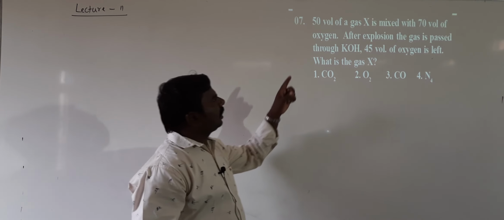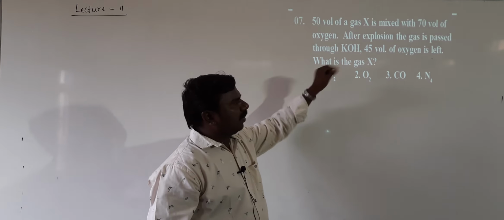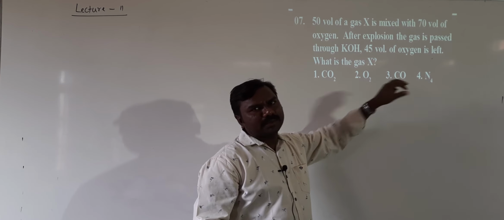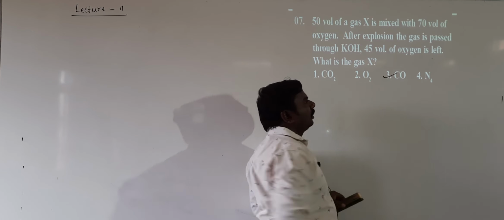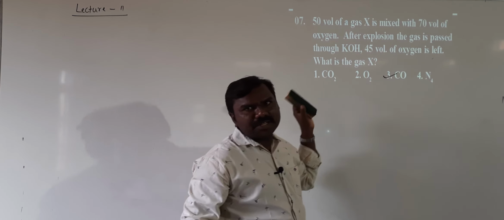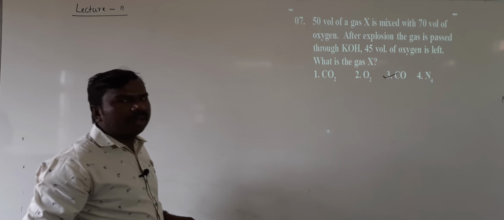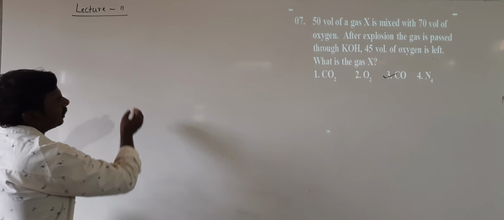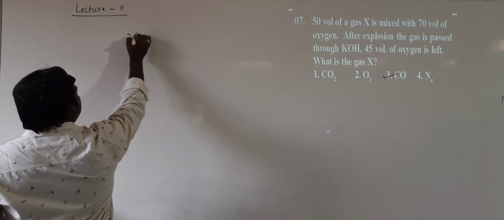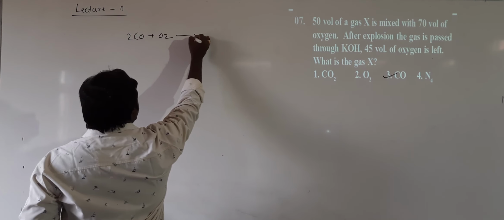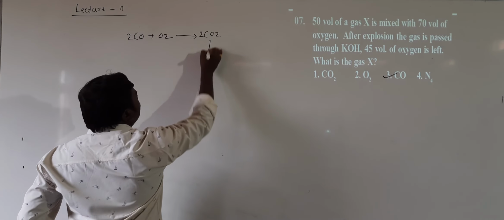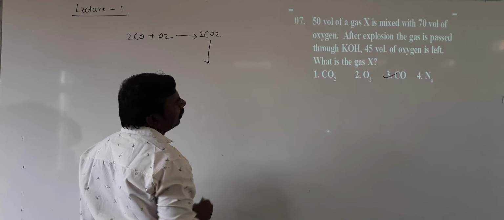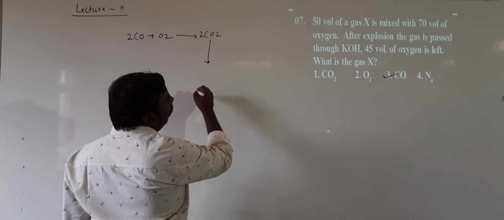Explosion taking place is possible by CO gas only, so the answer will be CO, not N2, oxygen or CO2. CO is carbon monoxide, a dangerous, poisonous gas. So, 2CO plus O2 gives rise to 2CO2.